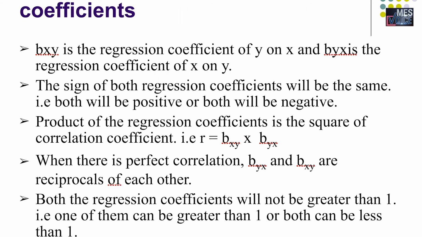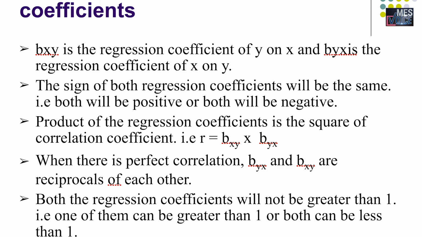Some properties of regression coefficients are given. First one, bxy is the regression coefficient of x on y and byx is the regression coefficient of y on x. The sign of both regression coefficients will be the same, that is, both will be positive or both will be negative.